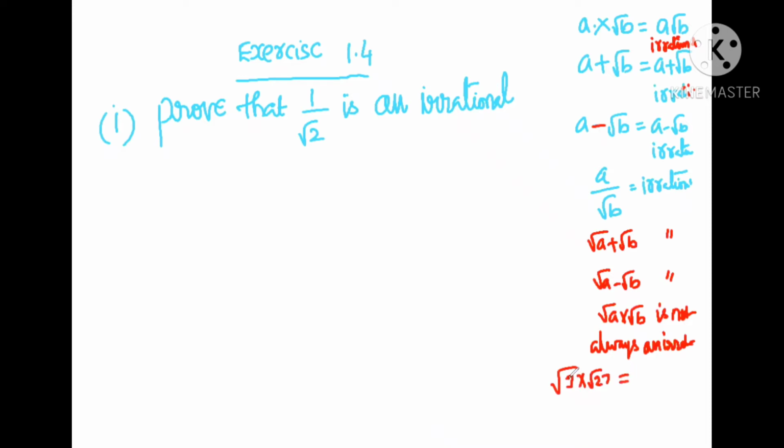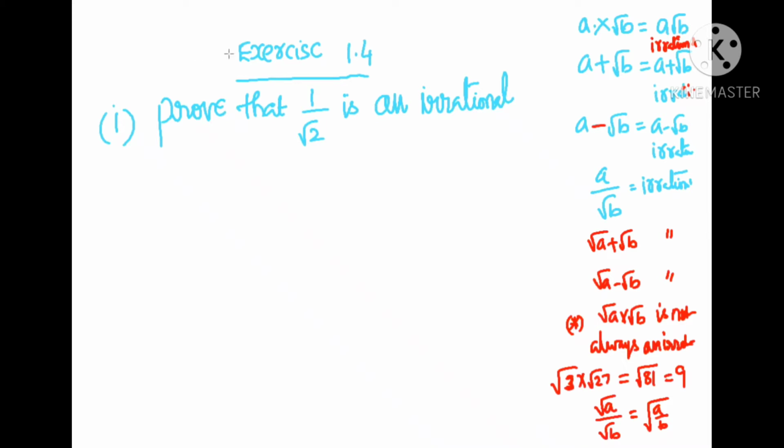It seems root 3 is irrational, root 27 also irrational. If you multiply them, you will get root 81, that is equal to 9, a rational number. So this is not always irrational, and division also, and for two irrational numbers it is not always irrational.